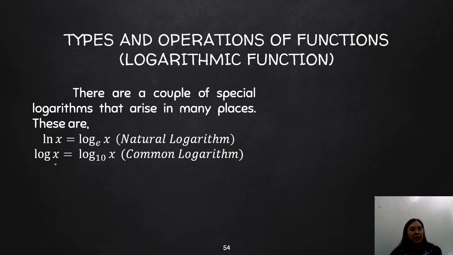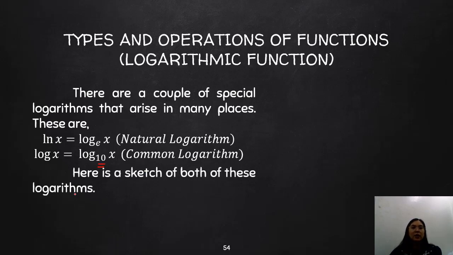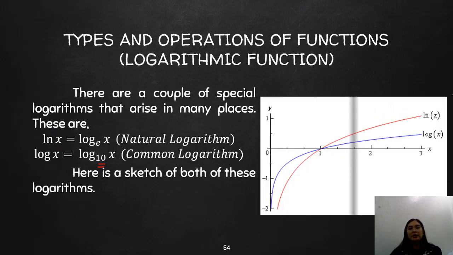Or your log of x, pag wala kang nakikitang value dun sa base, we call that your common logarithm, or its base is 10. So if you try then to sketch the ln of x and the log of x, ganito po yung magiging itsura niya. So yung ln of x is the red line and the log of x is your blue line. So natural versus common logarithm.